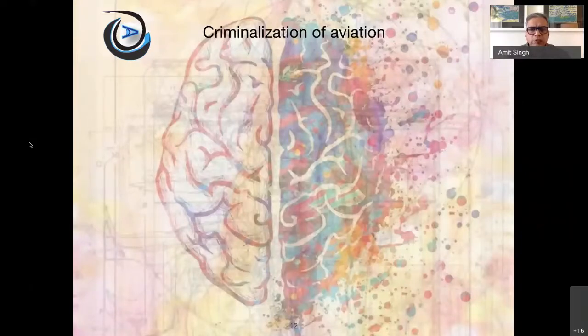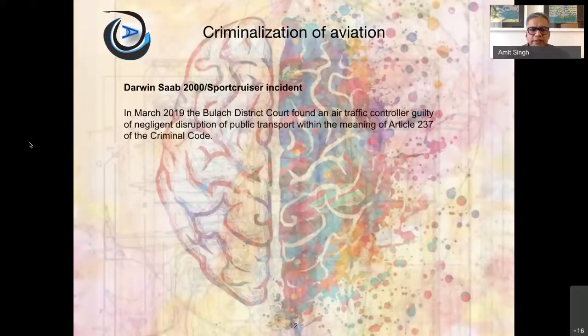A few examples of criminalization of aviation, wherein in 3 examples ATC officers in other parts of the world were put behind bars for near misses. This is a Sub 2000 and a sports cruiser incident in March 2019. Article 237 of the Criminal Code was implemented, and the ATC officer responsible for the close call was put behind bars.